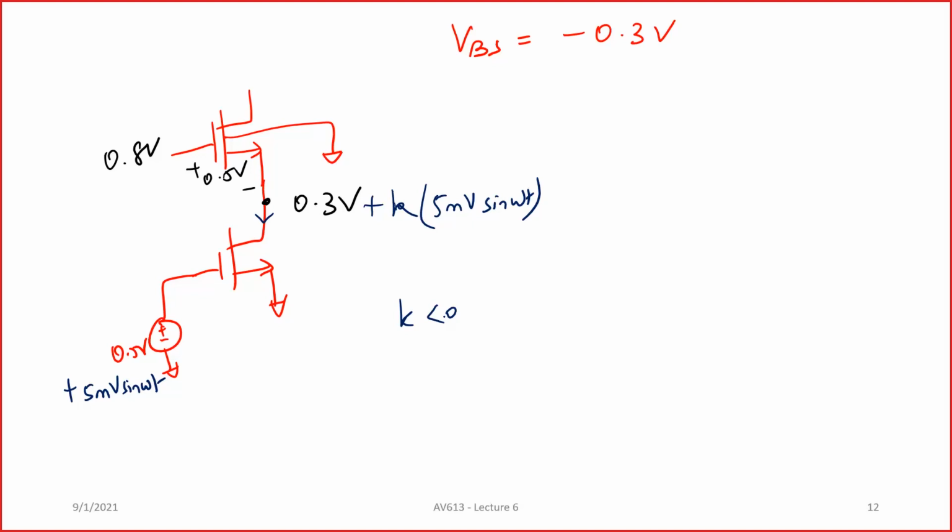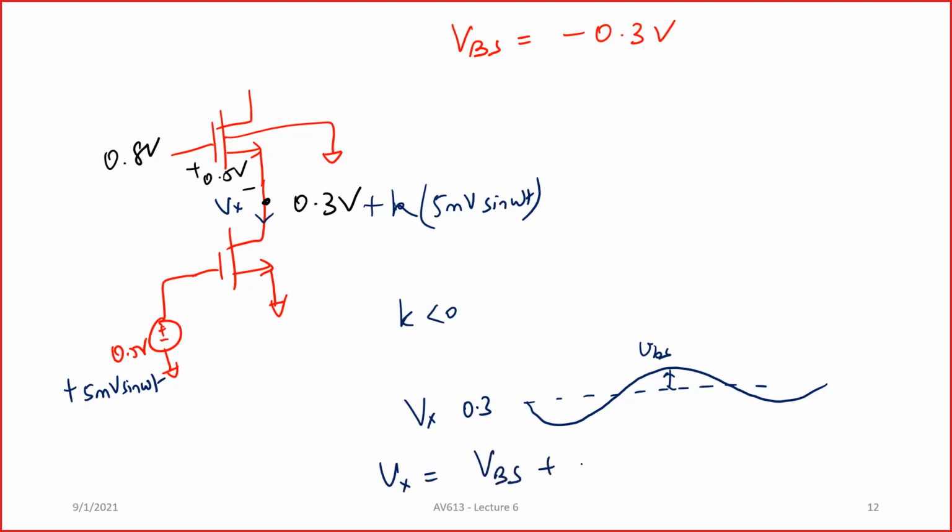Now whatever it is, there is a small change here. If you try to plot it, this Vx node will be at 0.3 volt, and it will move around like this. This variation is basically your small VBS. So Vx can be written as capital VBS plus small VBS.